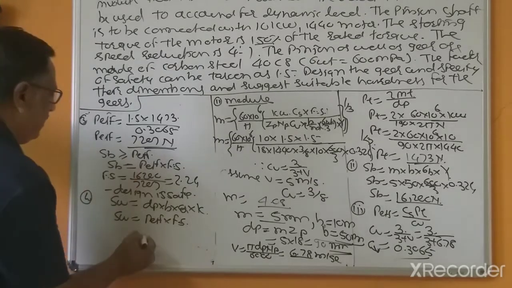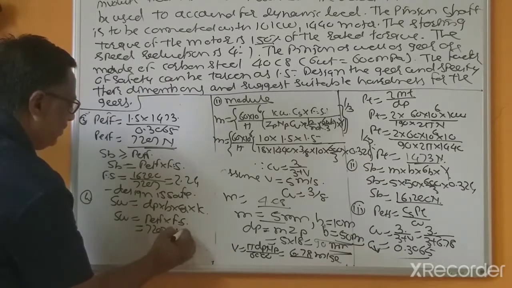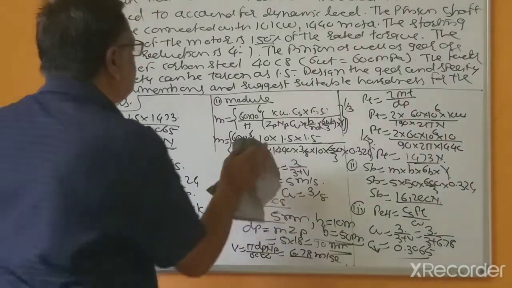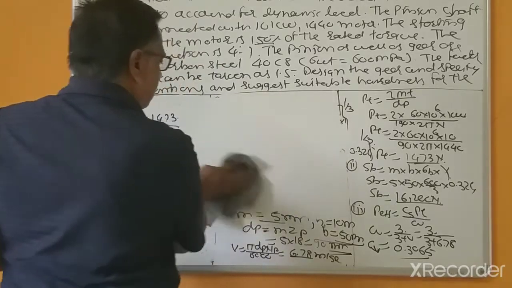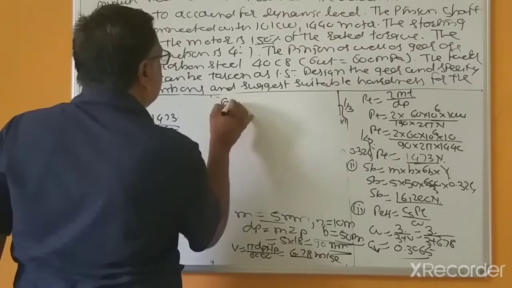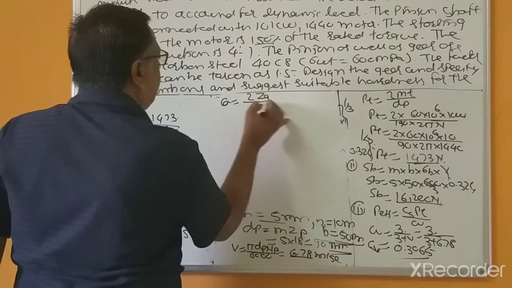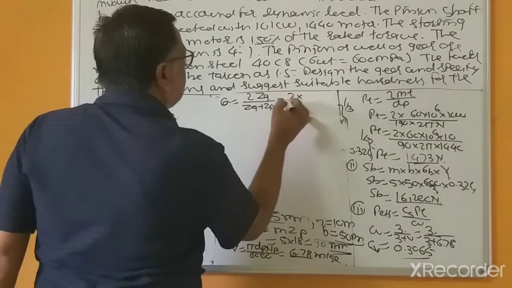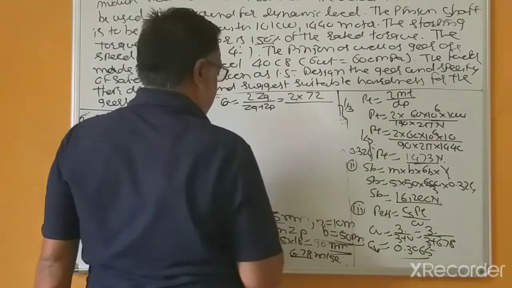So this effective load equal to 7207 and the factor of safety is given as 1.5. And Q equal to 2 into Zg divided by Zg plus Zp. So this is near about 1.6. So Zg equal to 72.